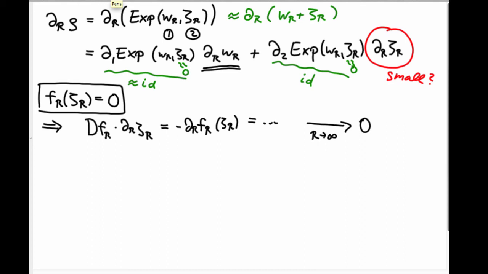The more interesting thing is this side, because I want this guy to be small, but what it gets multiplied with is some operator that might not be invertible. So I need to check out what's going on with the kernel here. What this is essentially is just the d-bar operator on stuff.